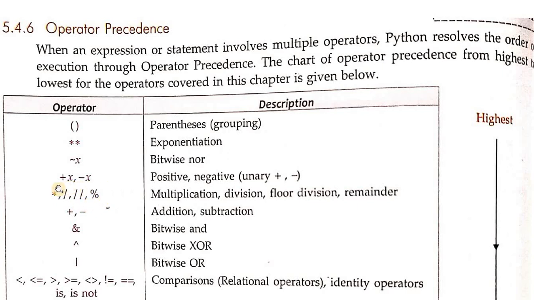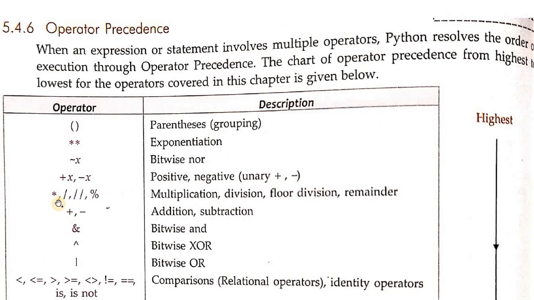So if these operators have the same priority, in which order will they be evaluated in an expression? It will evaluate from left to right, meaning the operator that appears leftmost executes first, and then the next operator executes.